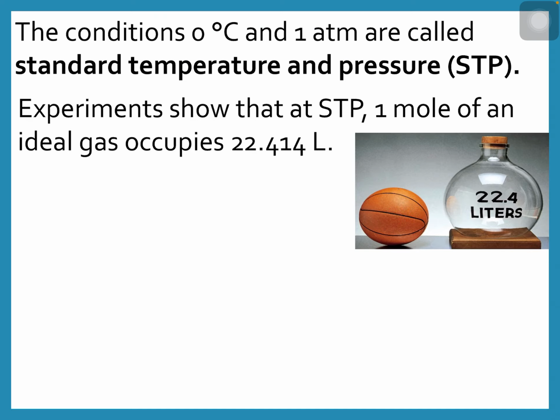So at STP, we have 0 degrees Celsius and 1 atmosphere. And so we can solve for R, the gas constant, using that. So we know that at STP, 1 mole of an ideal gas occupies 22.414 liters of space.